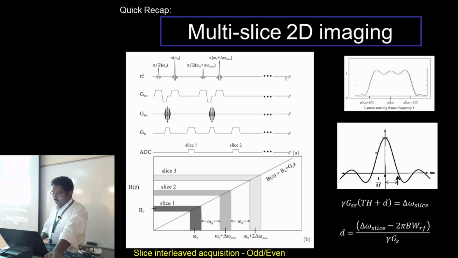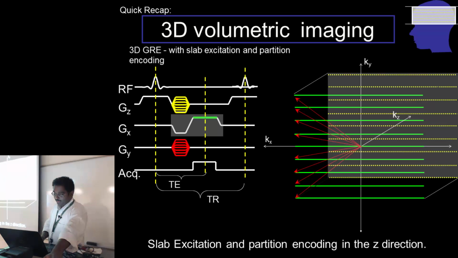And because all these relationships are linear in terms of the gradient and the slice thickness, you can work out the frequency difference between one slice and the other slice. You can figure that out by just writing out these equations of what is the center frequency shift and what should be the distance between them, etc. Then we basically extended the phase encoding concept to the z direction, which is sometimes called partition encoding.